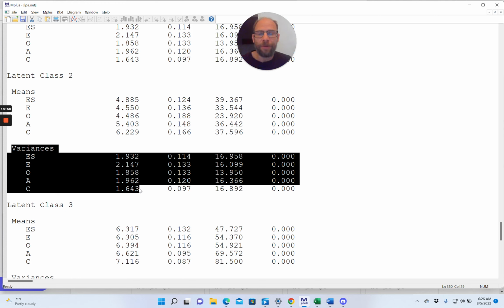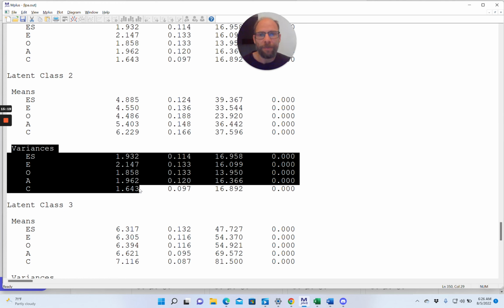And so I have found that oftentimes when you estimate all the variances freely, you end up with a solution that's not so easy to interpret. Now, that being said, it doesn't really make so much sense oftentimes theoretically to assume that these variances must be equal for all indicators across all classes, because why should they be? If you have, for example, a large class, that class may show more variability, or if you have other reasons why some classes show more variability.